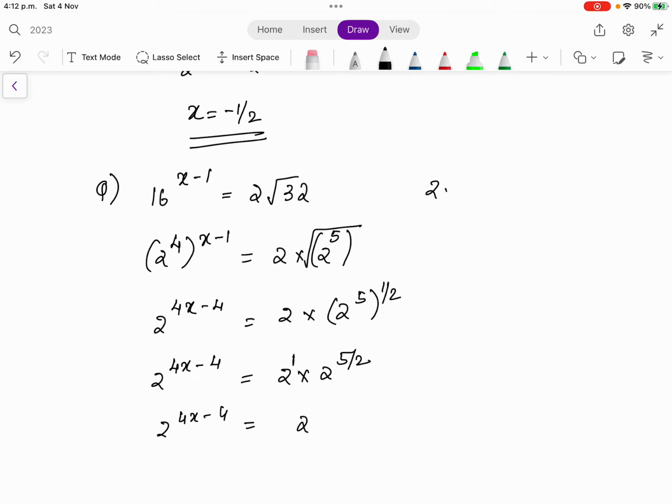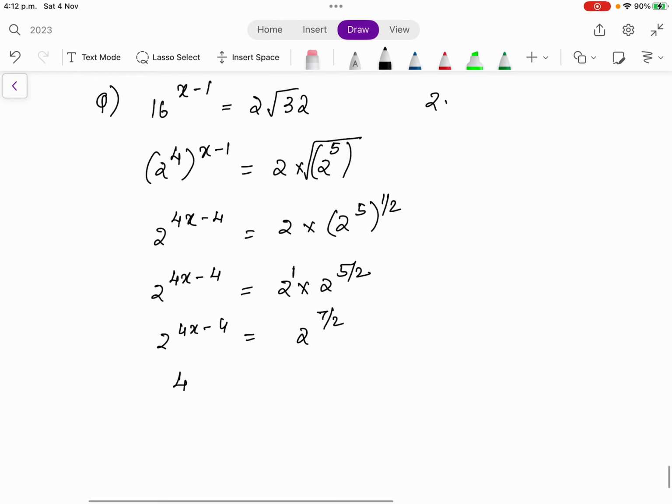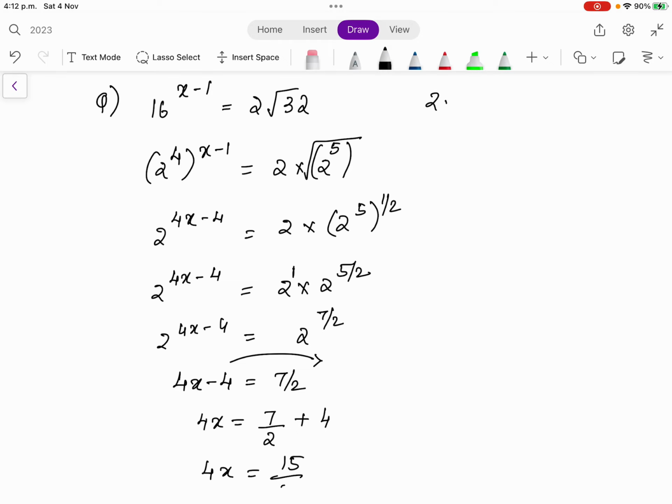So 2 to the power of 7 over 2. I just add 1 and 5 over 2. And then I can write it as 4x minus 4 is equal to 7 over 2. 4x is equal to 7 over 2 plus 4, because I bring it to this side. Then 4x is equal to 15 over 2. Then x is equal to 15 over 8. So that's how we find the value of this function.